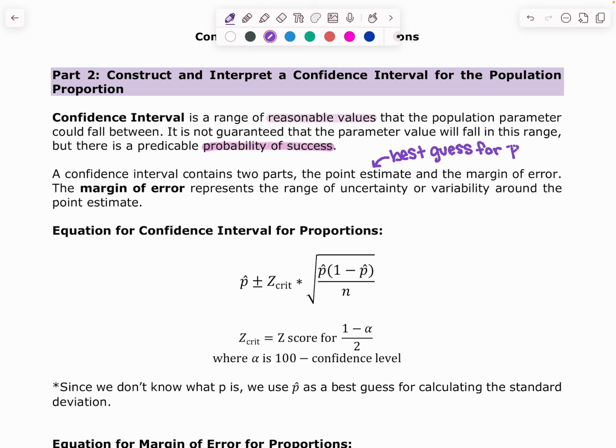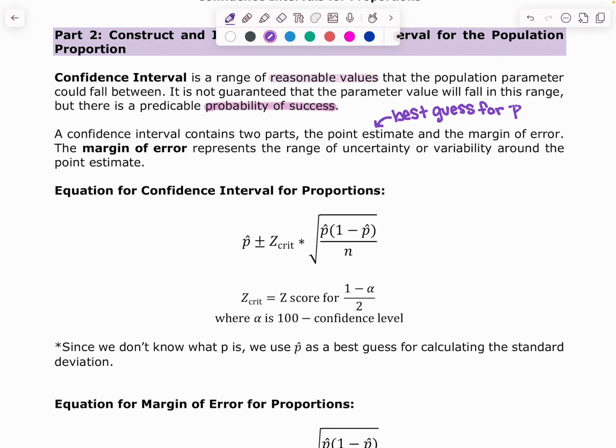And then the margin of error represents the range of uncertainty or variability around the point estimate. So the margin of error is an amount that is added and subtracted to the point estimate to give us the range of values that the parameter may fall between.